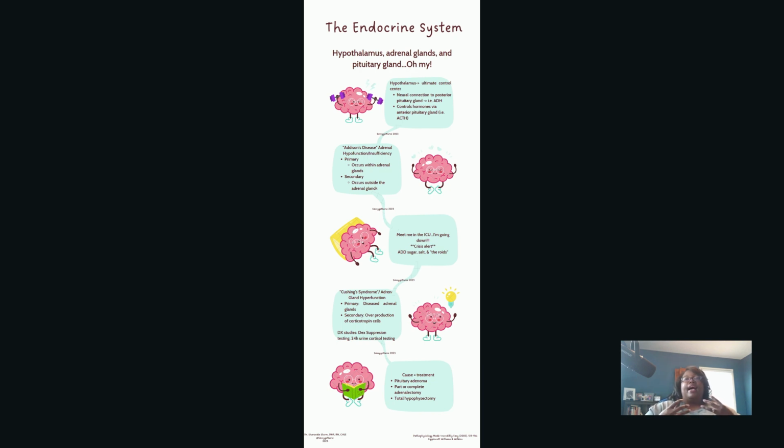One of the neat little tricks that I like to use with Addison's is ADD. It means to add. We understand that this individual needs something added to them. They're low or lacking in some things that could really be detrimental to their life. If they lose too much sugar and their potassium is too high, this leads to Addisonian crisis.